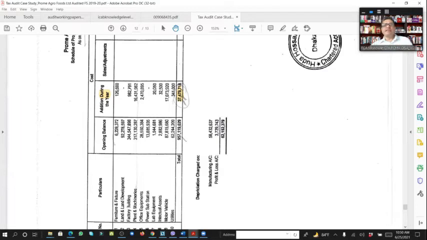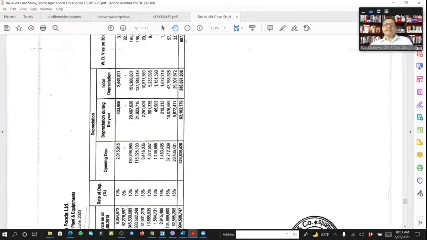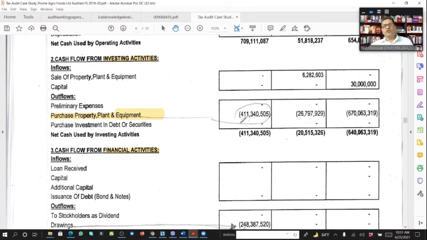So the payment and that figure are not equivalent. So this is the audit point of view. So why is there that difference? Here 3 crore 74 lakh is the addition during the year for the fixed asset. So that amount has to be paid, that amount goes from the cash flow. But here it is 41 crore. So this is the audit point of view.